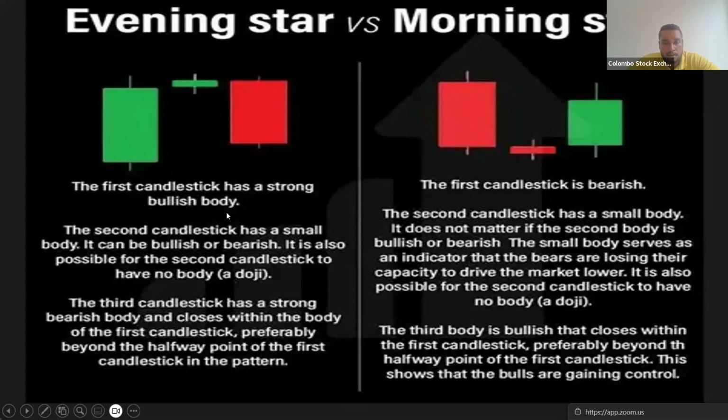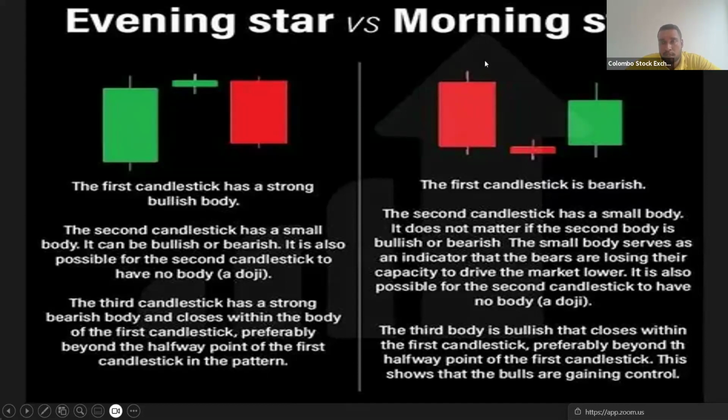Okay, so that is explained here also, right? And in this case, this is bullish. If you see the third candle is green, that is bullish. In here, if you see the third candle is red, that is bearish, right?